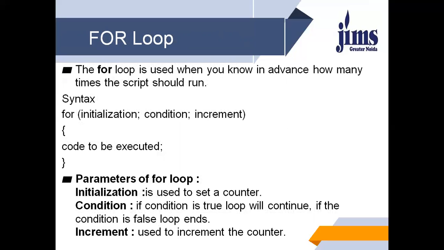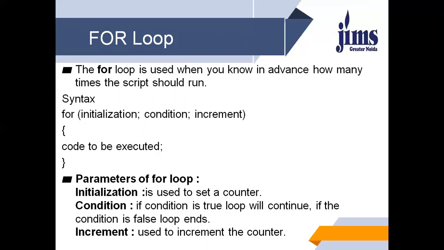So first let's discuss the for loop. A for loop is used when you know in advance how many times the script should run. A for loop is a repetition statement designed to be used when executing a block of code a specific number of times.